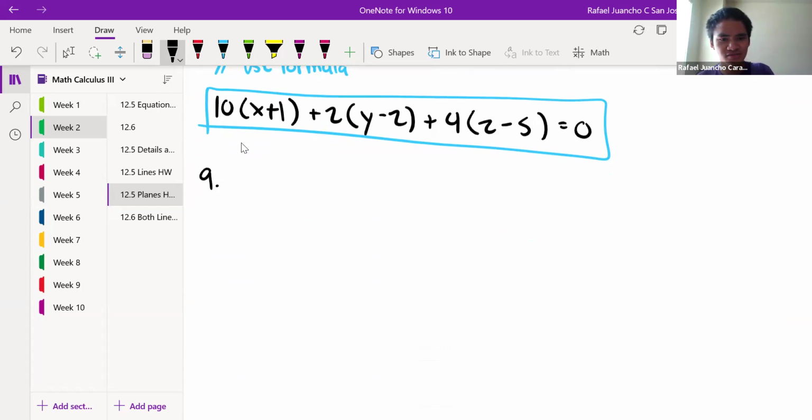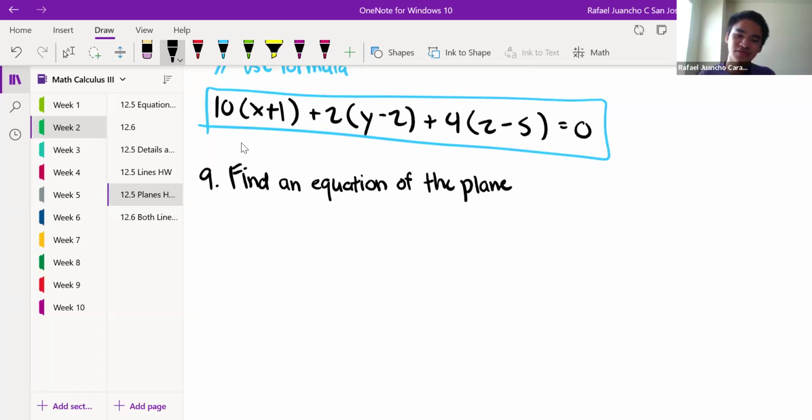Okay, for this one, we want to find an equation of the plane. So another one of these equations of planes. So what do we need? A normal vector n and some initial point. Ooh, look at that.